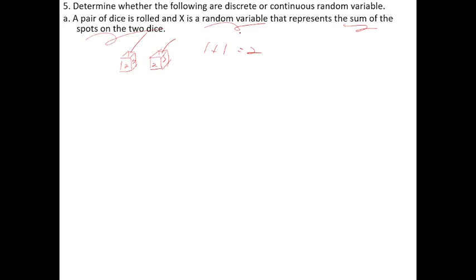Diba? So, sum of the two spots on the two dice. Let's say, dito, lumitaw ay 6. Doon ay 5. Okay? So 11, ganun, no? So, ano lahat ng possibility? 5, 1, 6. 6 plus 5, 11.